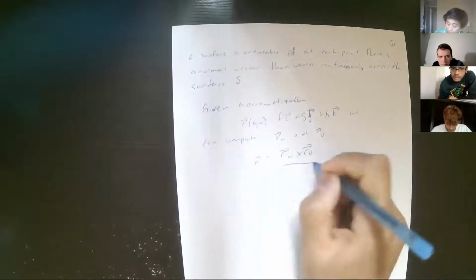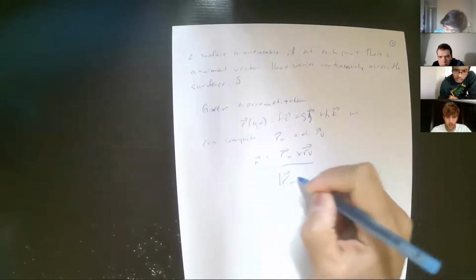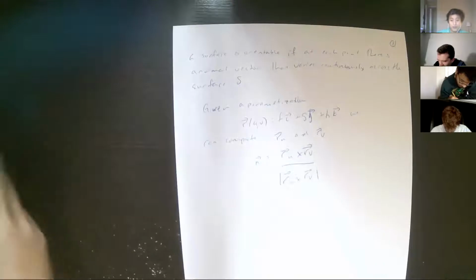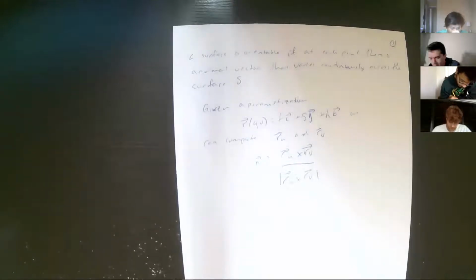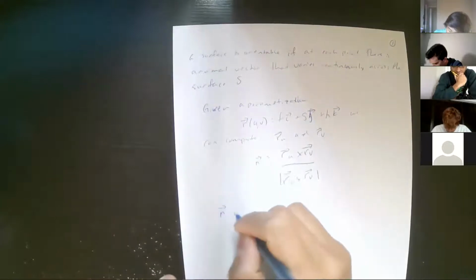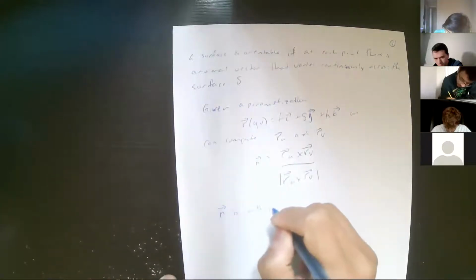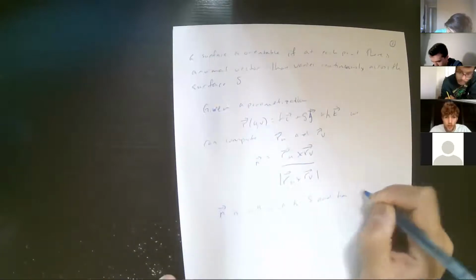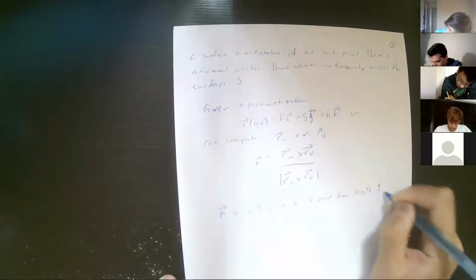And I'm just going to normalize it by the length. Okay, so this is a vector that is orthogonal to my surface, and it has length 1.